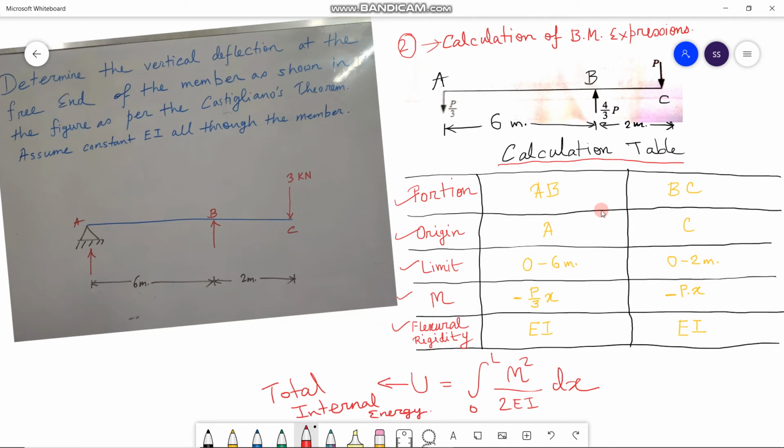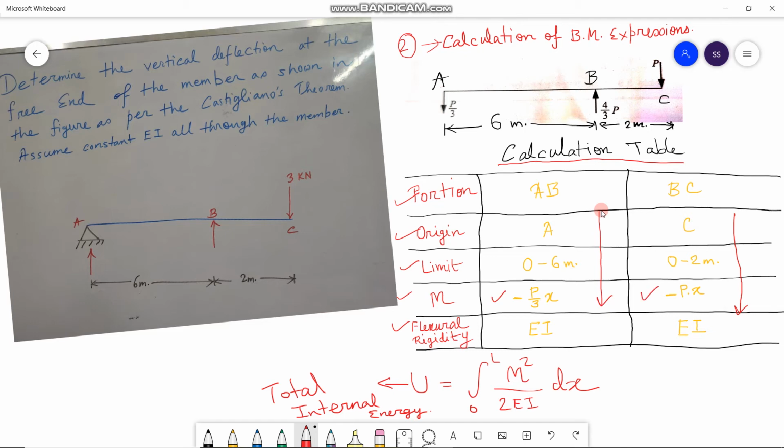Here in this table, these are the details for the portion AB, and these are the details for the portion BC. As you can see, the expression for the moment for the portion AB is minus P by 3 into x, and for the portion BC the expression of moment is minus P into x.